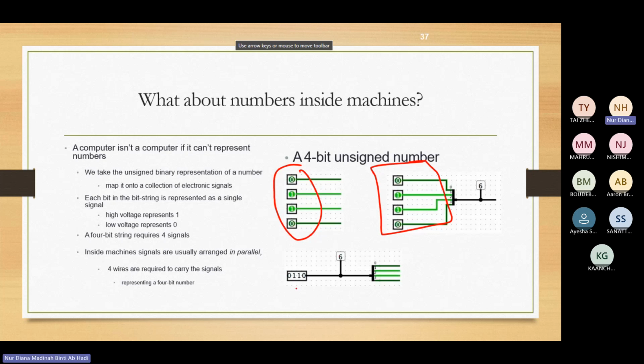Can you see this one? For example, if we have 0, 1, 1, 1, it means that your wires need to be drawn as 0, 1, 1, 1, so that it would be parallel like this. Understand? Do you understand this one? And why is this 6 here? What does this 6 mean?